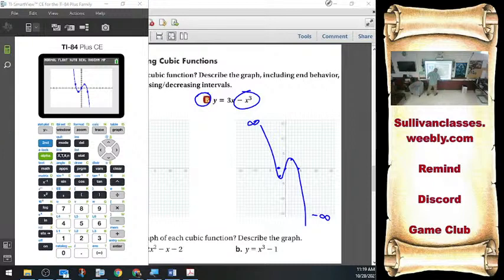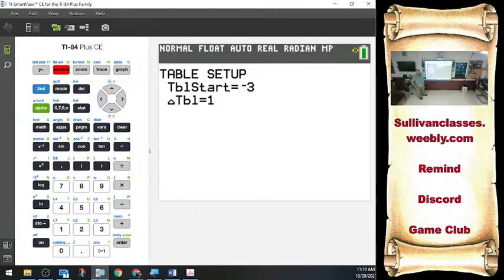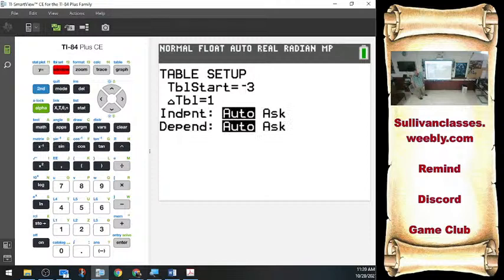Another feature you can use, if you want to get a little more detailed, go to your table settings. Remember where we always switch it over to ask mode? Look at this. A little triangle is delta. Delta represents change. This is the change in the table.